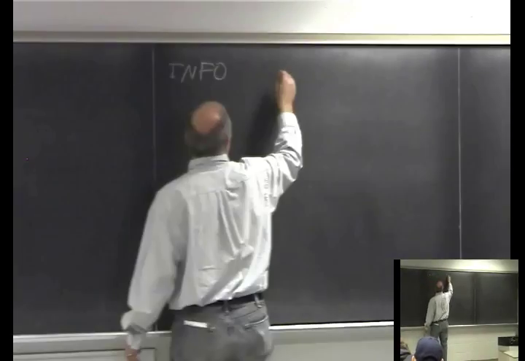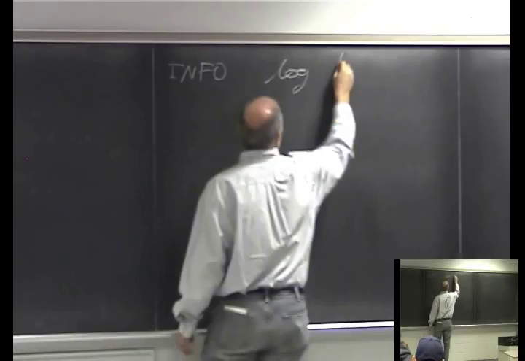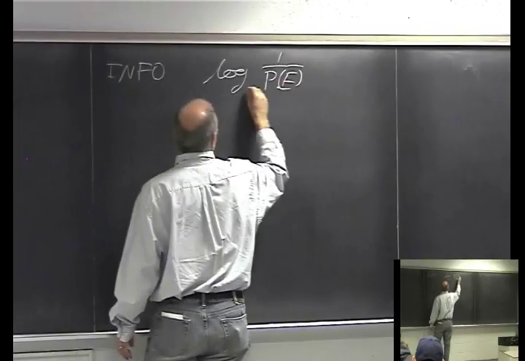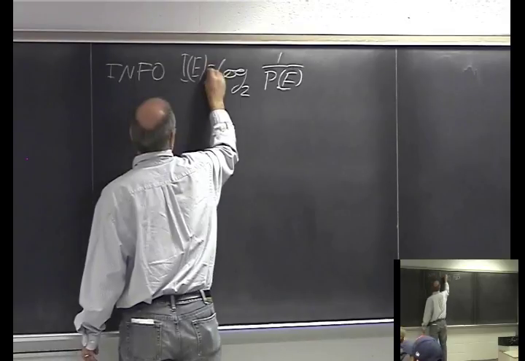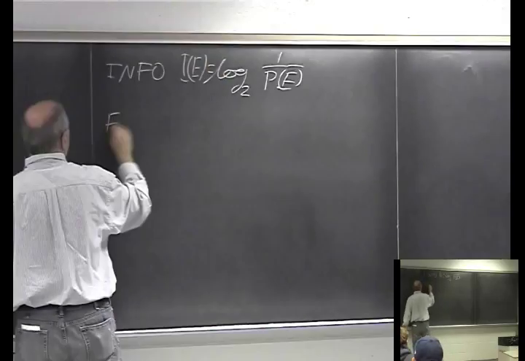Now that I mentioned the problem, let me go back and summarize, as I always do, the elements of information theory that I wanted you to become familiar with. We talked about information. We defined it as log of 1 over probability of an event. Information in events. We talked about entropy.